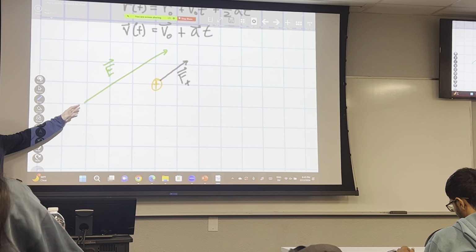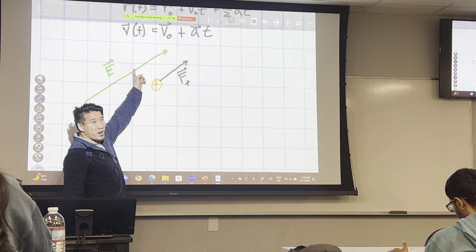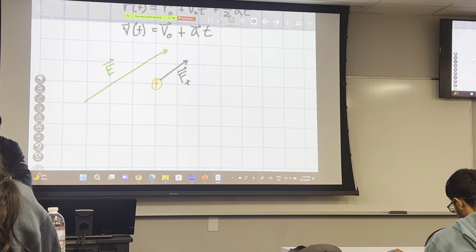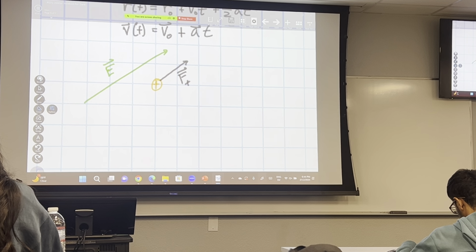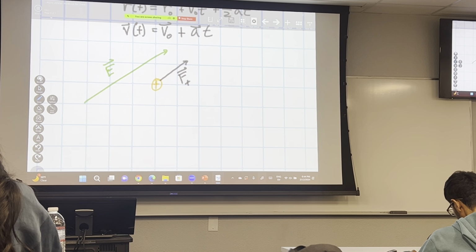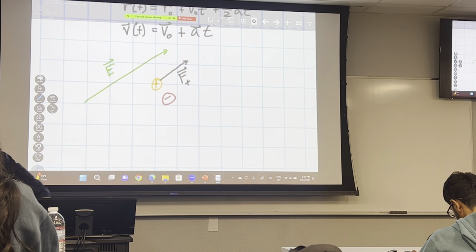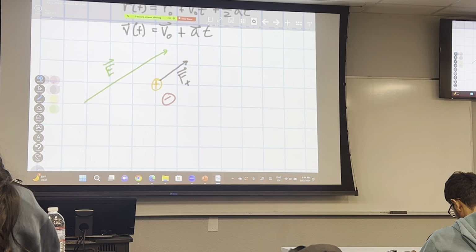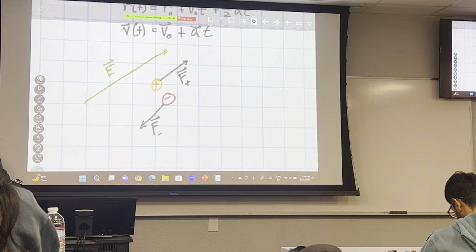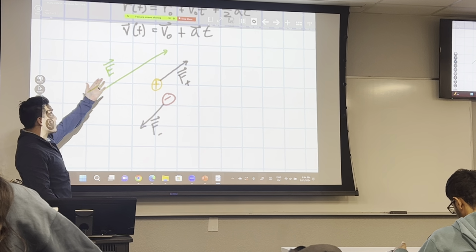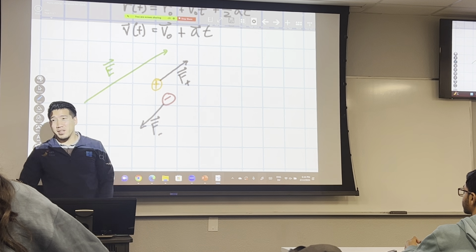The force on a positive charge is in the same direction as the electric field, whereas if it's negative, and you place it in the same electric field, it's going to go the opposite direction. So this was something important that you just needed to memorize.